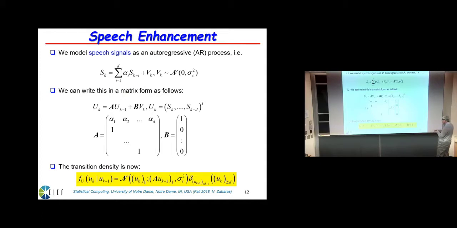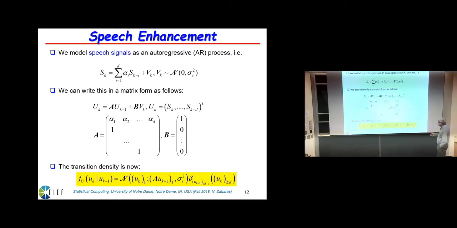So effectively, the states of uk minus 1 from 1 to d minus 1 are the same as the states of uk from 2 to d. You don't update those. At each time you update the next signal, and the other d minus 1 components you keep the same. So you put this delta function to write this in this manner.